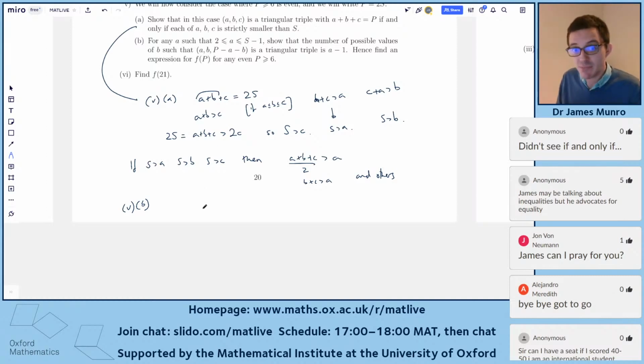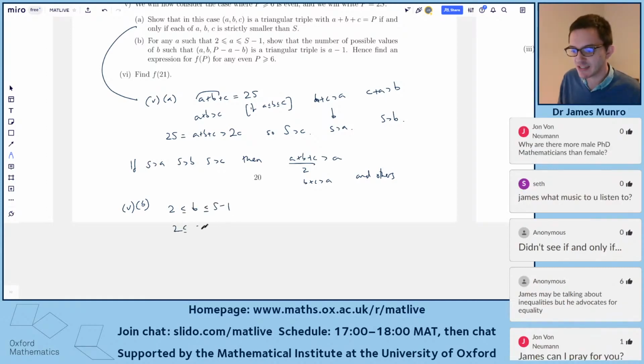We also know that b is between 2 and s minus 1. We showed that b was bigger than 2 ages ago, something about even perimeters. So we also have that 2 is less than b is less than s minus 1. And we also know that 2 is less than c is less than s minus 1. Less than or equal to here, I guess because they're strictly smaller than s. So these are the options for these numbers.